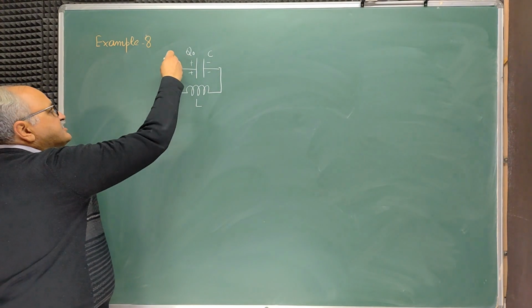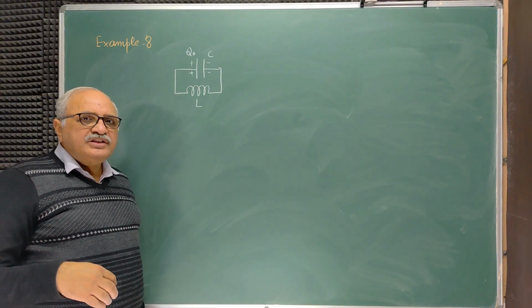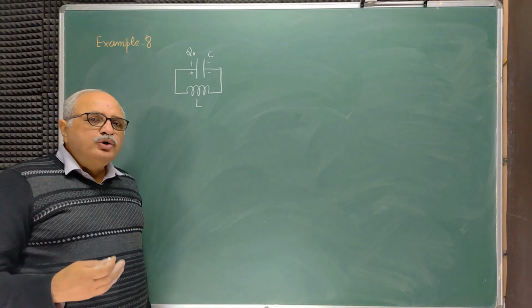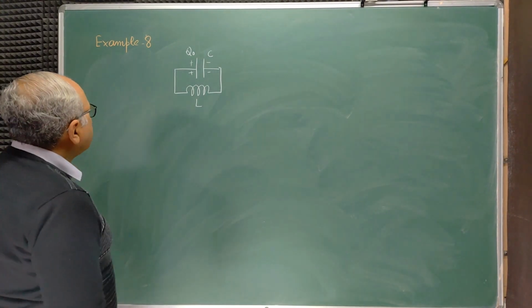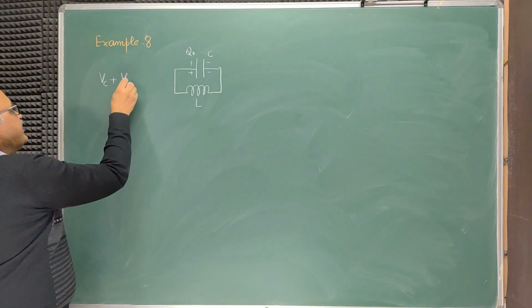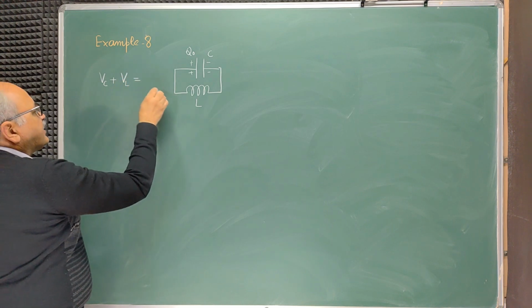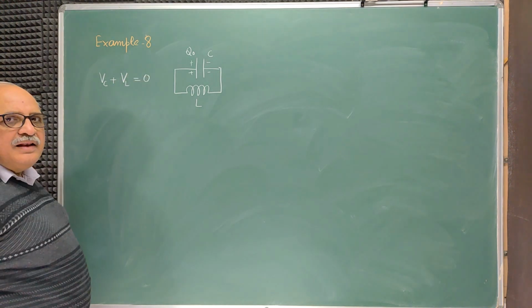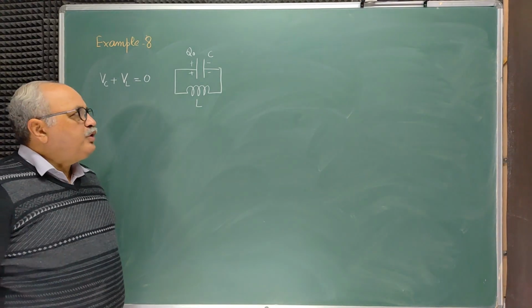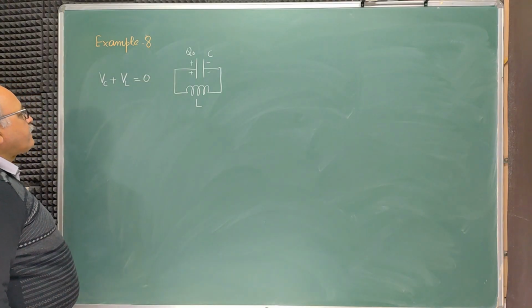Then charge will start flowing through the inductor and the inductor starts producing an EMF, what we call an induced EMF. If I represent the potential drop across the capacitor as VC and across the inductor as VL, then according to Kirchhoff's voltage rule, the sum must be 0 when the loop is completed.